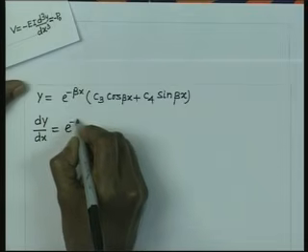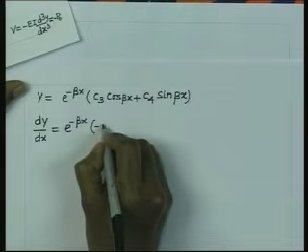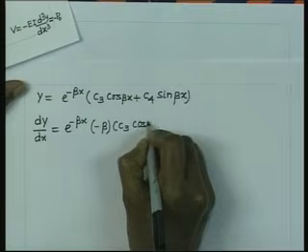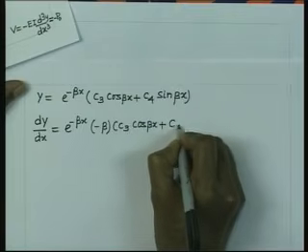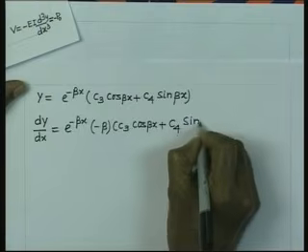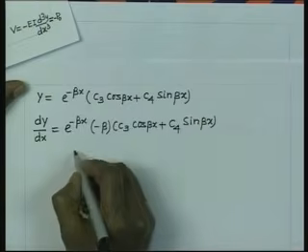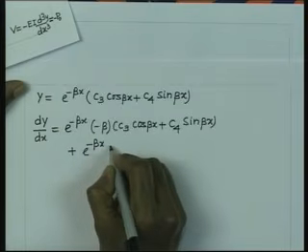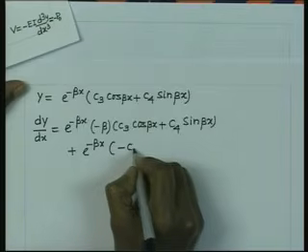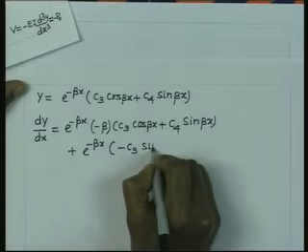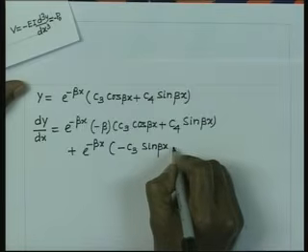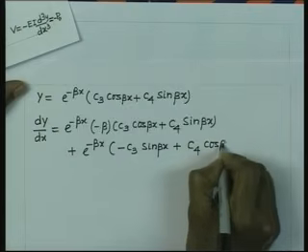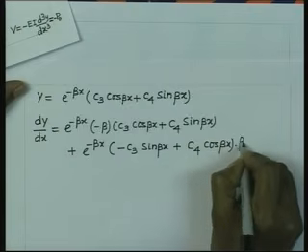So, it will be e to the power minus beta x, minus beta into C3 cosine beta x plus C4 sin beta x, plus we can now keep the first function same, we will differentiate now C3 sin beta x into beta, C4 cosine beta x into beta, we can keep it outside.